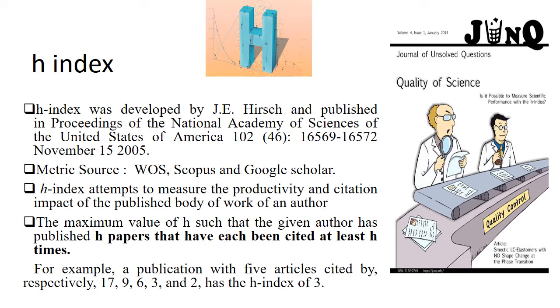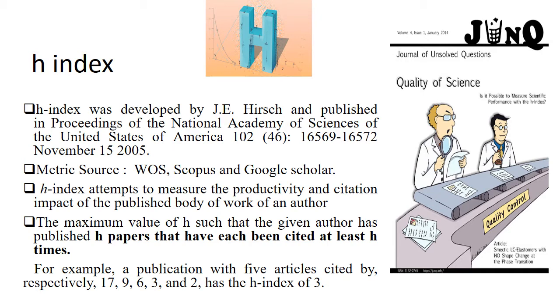What does the H-Index say? The H-Index is the maximum value of h given that the author's h papers have been cited at least h times. h refers to the number of papers. So one paper should get at least 1 citation, 2 papers should get at least 2 citations, and that's how it goes. So you have 17, 9, 6, 3 and 2 citations for the 5 articles.